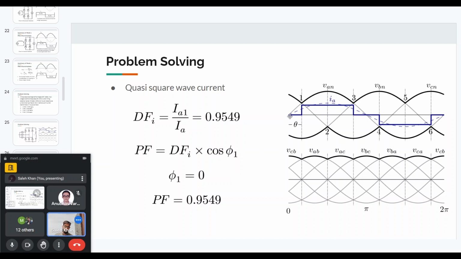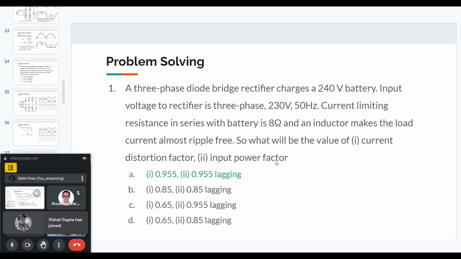In this case, the fundamental is in phase with the voltage VAN. When the VAN voltage is zero, the fundamental of I is also zero. So the angle between the fundamental voltage and current is zero, and the power factor will be the same as the displacement factor. These are the answers to the first question. Actually, it's not the displacement factor, it's the current distortion factor. So the current distortion factor and the input power factor are the same, 0.955.